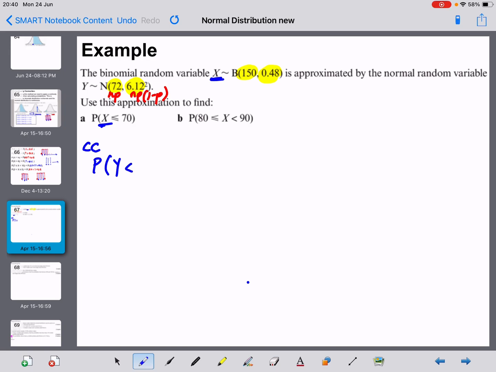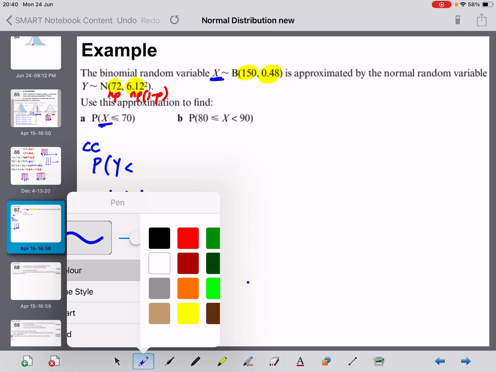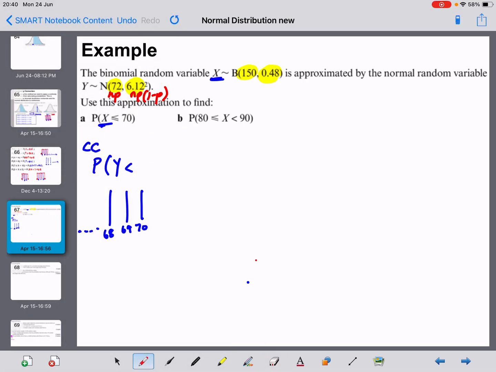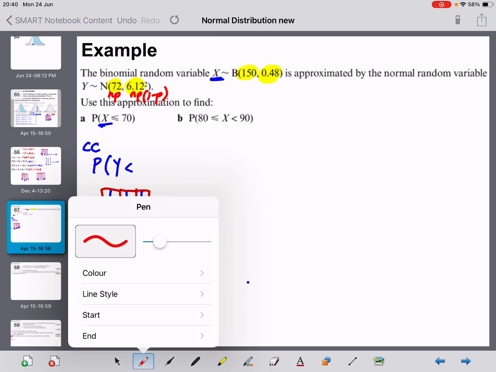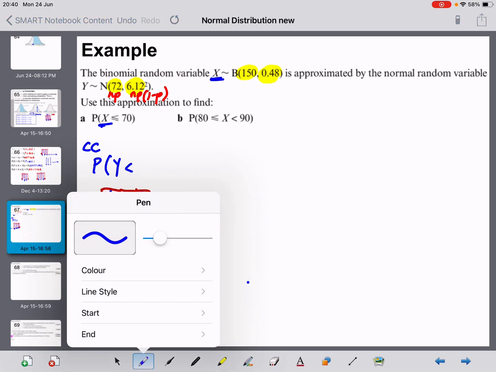So if we think now, we've got 70, 69, 68, etc. downwards. If those sticks get fat to plug the gap, then that's going to be the cut-off point there, which is 70.5.